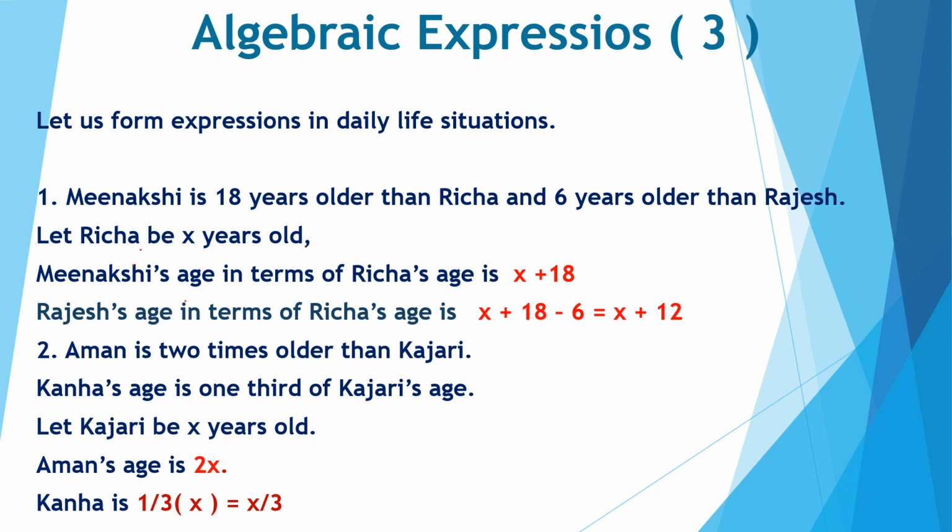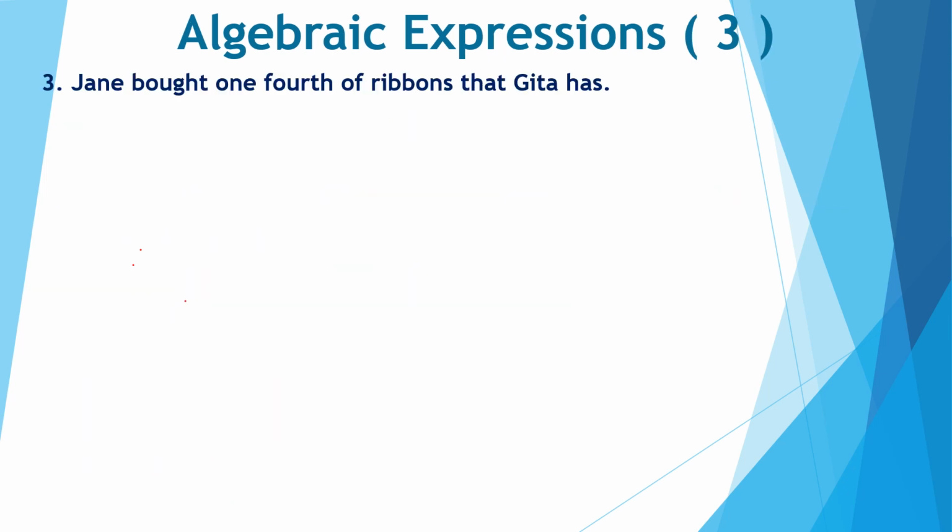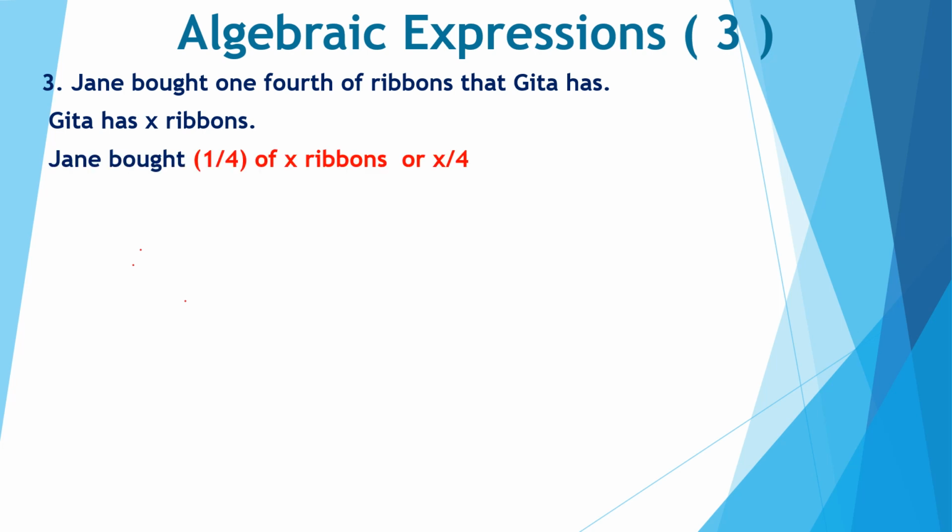So 1/3 of x, or we can write it as x upon 3. Jane bought 1/4 of ribbons that Geeta has. Geeta has x ribbons. Jane bought 1/4 of x ribbons, or x upon 4.